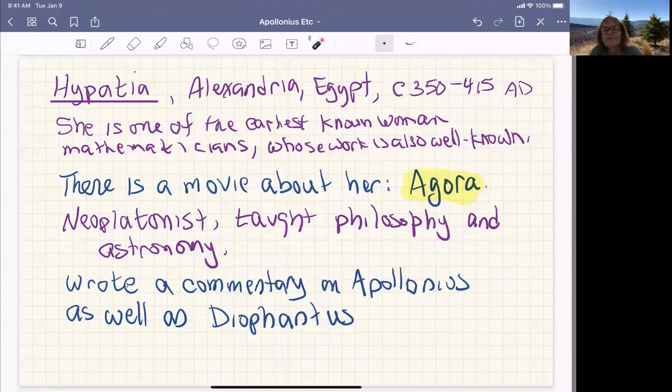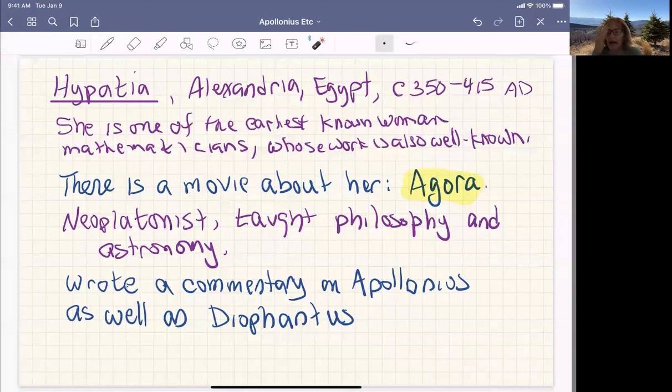And so the last person that I would like to talk about today is Hypatia. So this is Hypatia of Alexandria, Egypt. And this is the most modern person that we are considering when we're talking about the Greeks. So she's one of the earliest known women mathematicians.